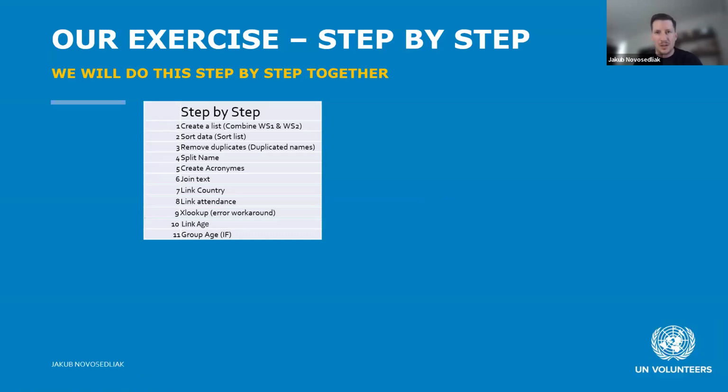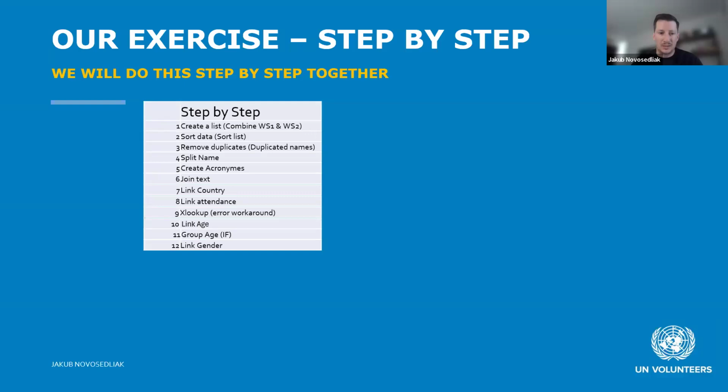As an example, if we would like to present how many attendees we had by age and group them, say how many participants we had in the age between 20 and 30, then we will use the IF function for this grouping.